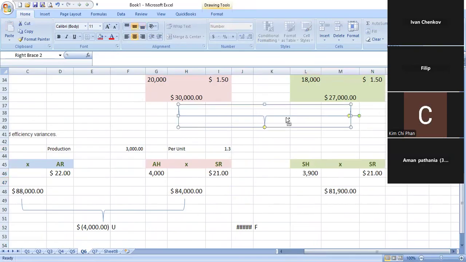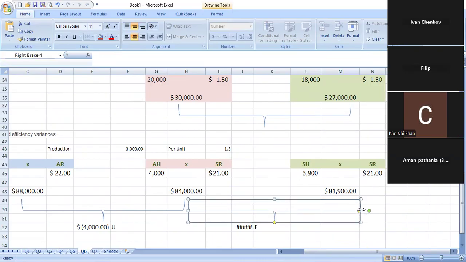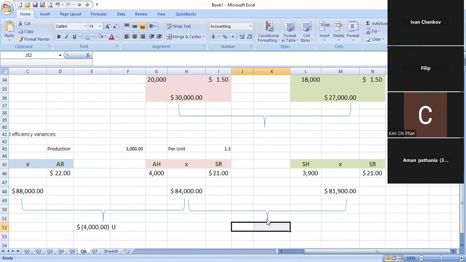Since I'm using more hours than my standards, that's going to give me an unfavorable variance, right? How much unfavorable is it? This one, 2,100, minus that one. 2,100 unfavorable variance.